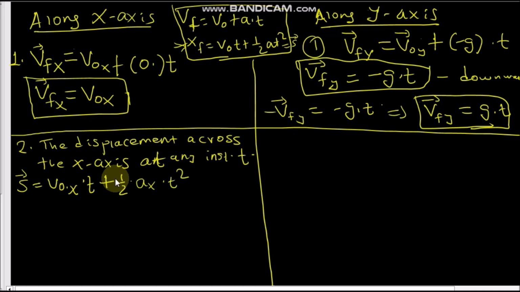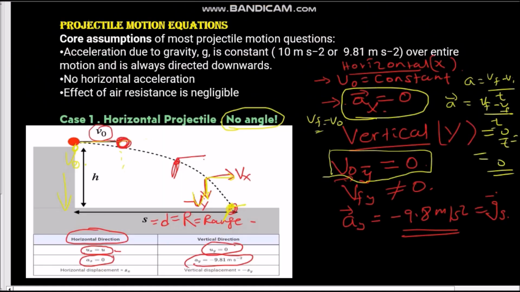Okay, we put all the values across the x direction. Now we can write it equal to x, on the x-axis, the displacement. Now we know that the acceleration across the x is 0. We already said the acceleration across the x here.